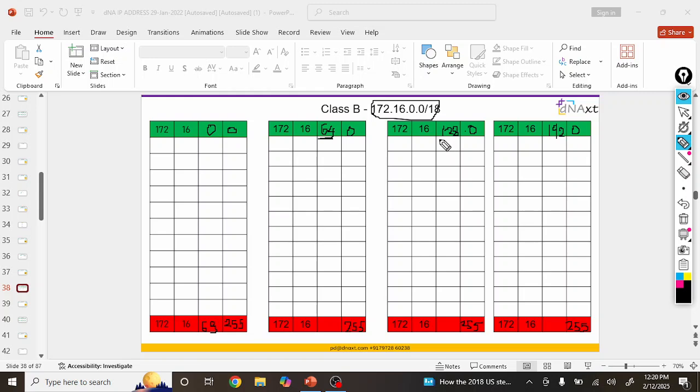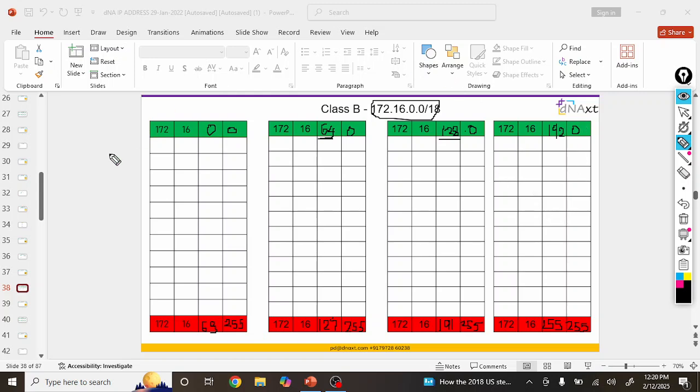Here the third octet has 128, so here it will be 127. Here it is 192, so you will write 191, and here it will be the last number, that is 255. So these are the broadcast IDs of each sub network that you are getting in /18.